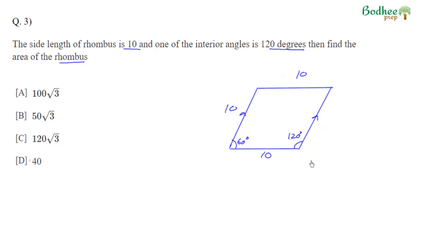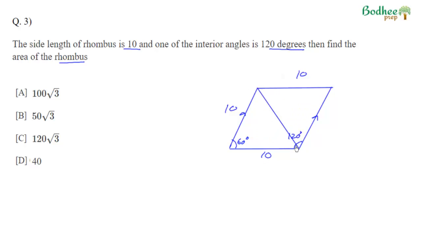So what we can do here is that if we draw these diagonals, D1 and D2, right? We know that the area of the rhombus is half D1 D2. This is one way, right? The other way of finding the area of this rhombus is if we ignore one of the diagonals. Let me just consider only this diagonal.